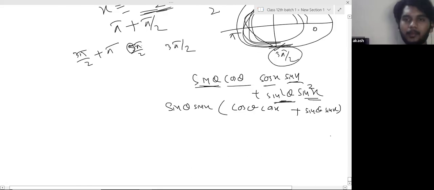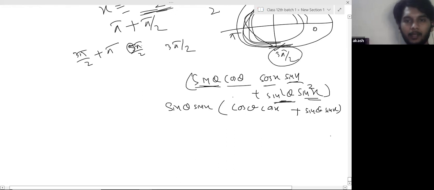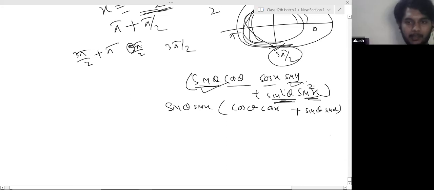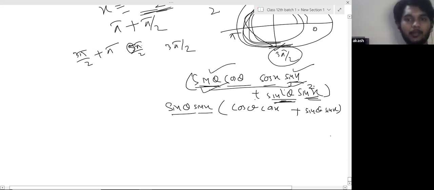No, see, in the last A22, we had this term, right, Krishna? Now look at this. We have sine square theta and sine square x, and in here we have sine theta, sine x. So I took sine theta, sine x common. So from here, if you remove sine theta, sine x, what is remaining?